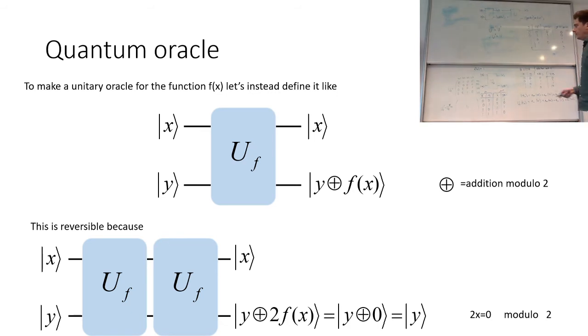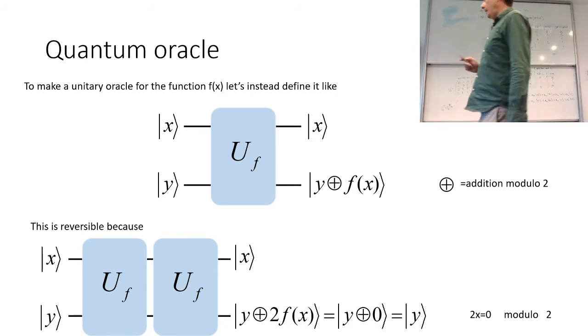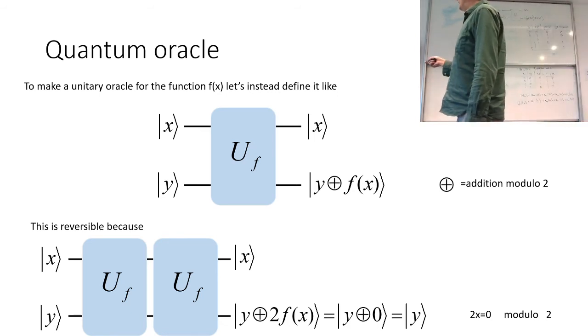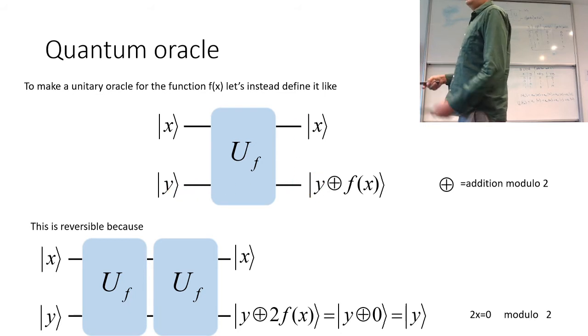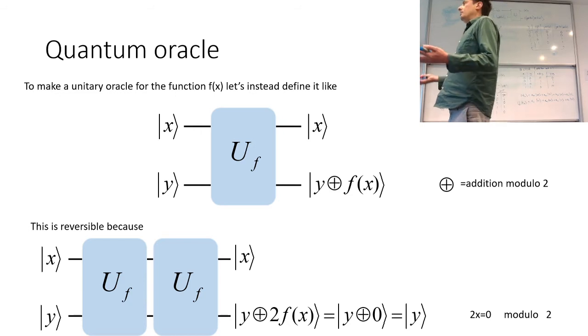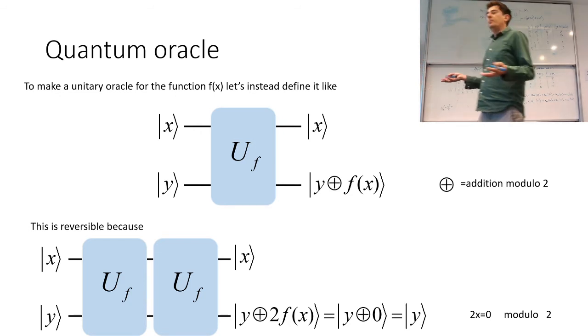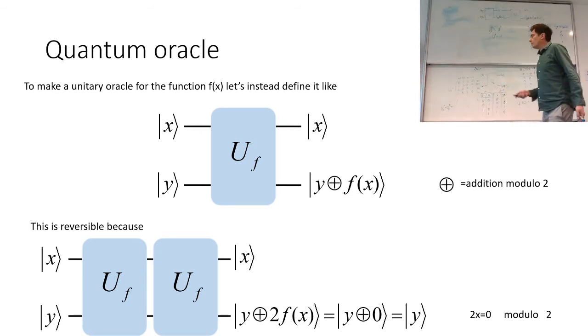But if I choose it like this, then it can be reversible. If I just set this to 0, then 0 is the input, and X and F of X is the output, and that implements my oracle.